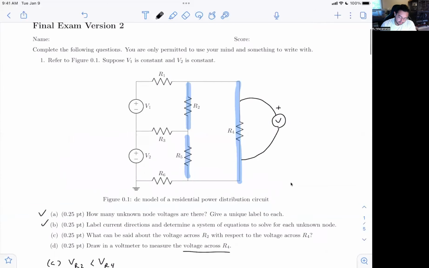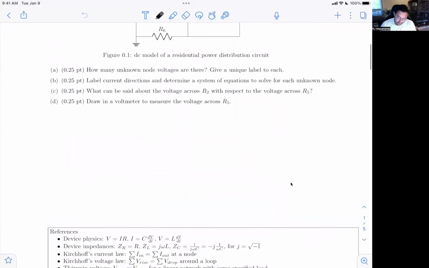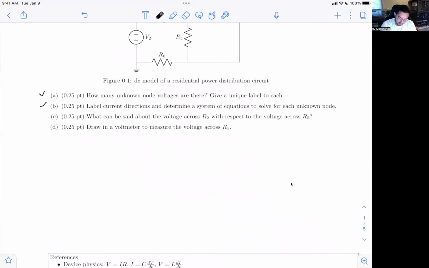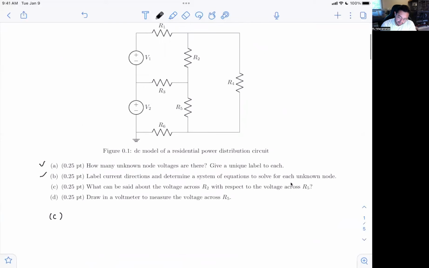So that's for version 2, and then for version 3, right, so these have been done. Part C, what can be said about the voltage across R2 with respect to the voltage drop across R5? So we're looking at here and here, and quite frankly, there's nothing that we can really say without knowing specific values. Hopefully that makes a little bit of sense.